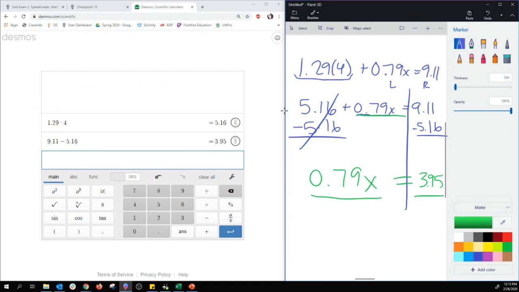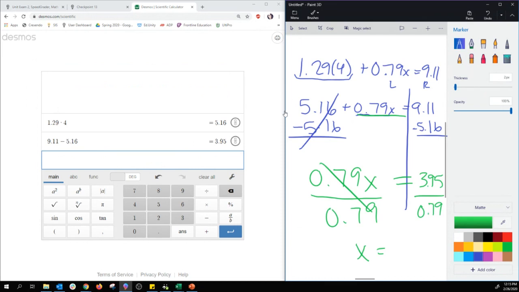So what am I dividing by here? What number would I want to divide by? Remember, I'm trying to get x by itself. So 0.79, perfect. These will go away, and I'm left with just x.